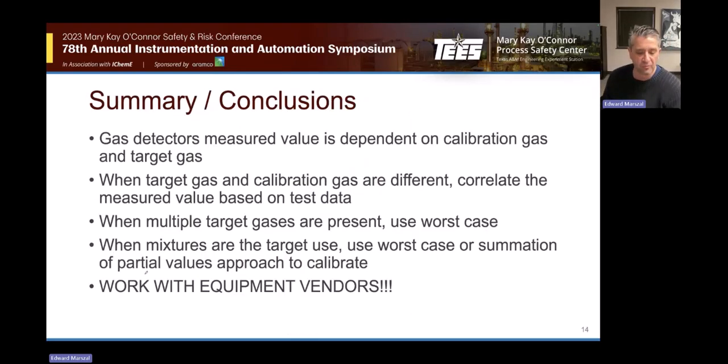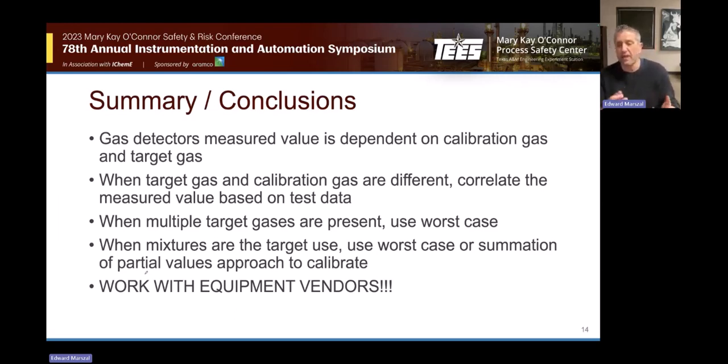Okay, so in summary, what did we talk about? Gas detectors have a measured value. It's going to give you a ppm concentration. It's going to give you a percent of LFL concentration, especially when you're looking at flammable gases. Now, the measurement that it's going to give you is based on a calculation and a calibration, because you're not actually measuring a ppm value of the gas.